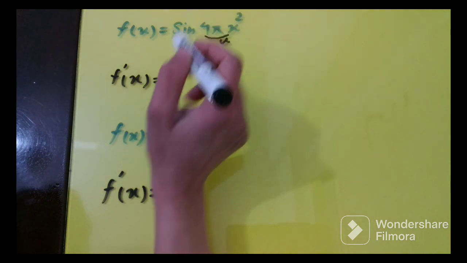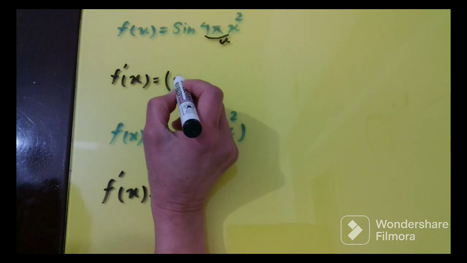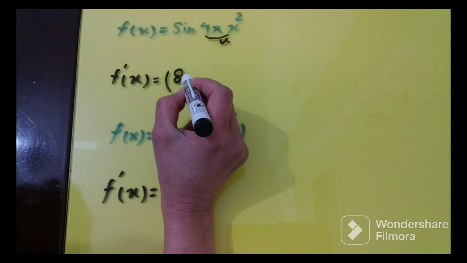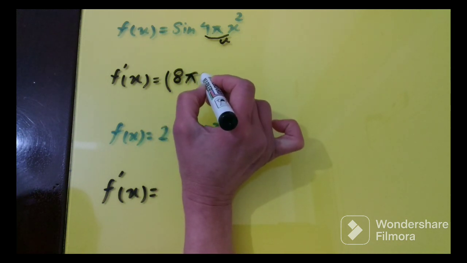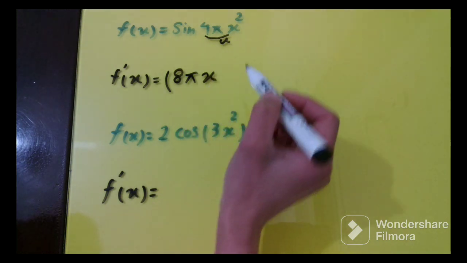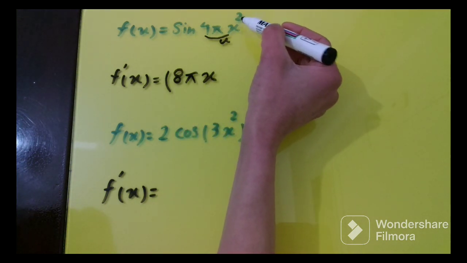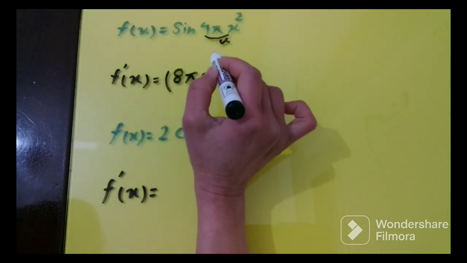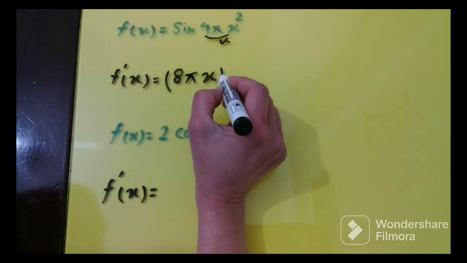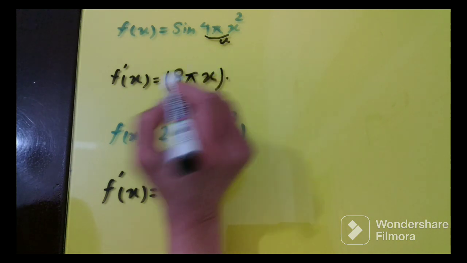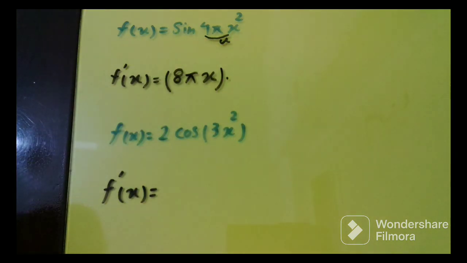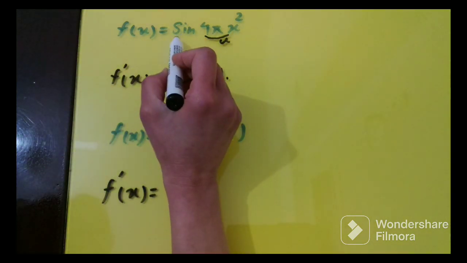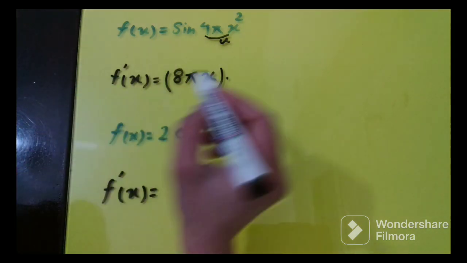It's 8 pi x. Now you should reduce the power by 1. It's 1 times, no, you should get the derivative of sine. According to the formula, the derivative of sine is cosine.